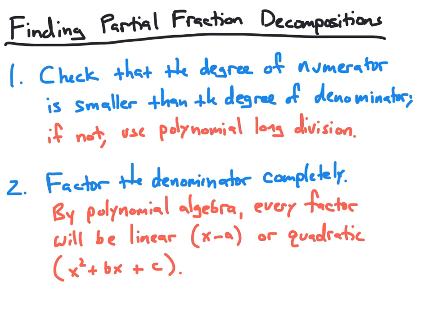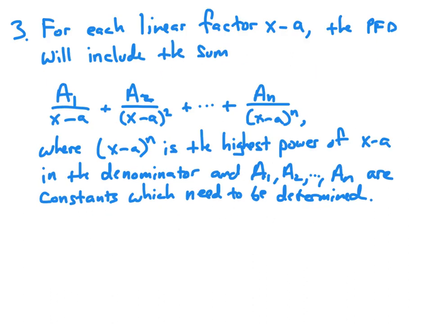We now consider each factor of the denominator one by one. For each linear factor in the denominator, so any factor of the form x - a, we're going to add to the partial fraction decomposition the sum shown here.